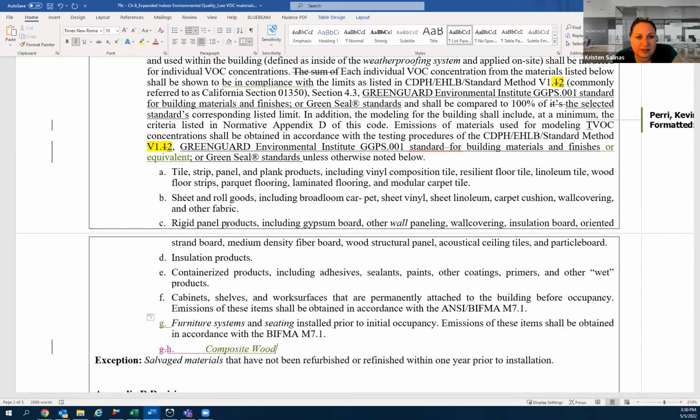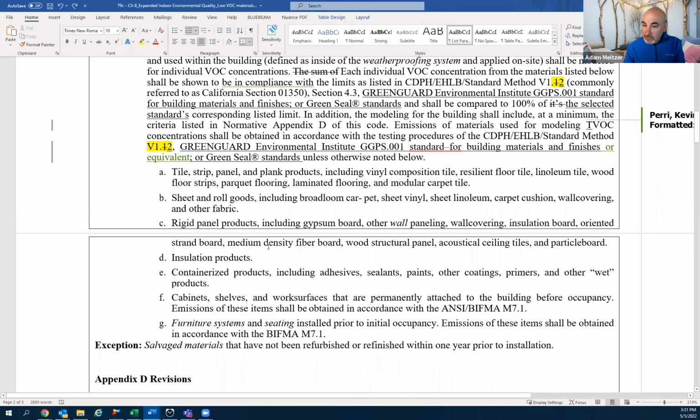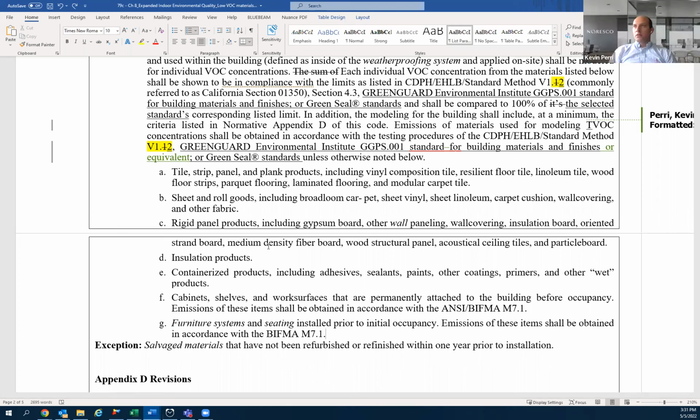Oh, it's in C. Well, not really. Well, MDF, OSB. Oh yeah, sorry, under there. MDF. It doesn't say particle board. It does say particle board. Okay, that's fine. You can leave that off. Thanks. Okay, good. There's a motion to add "or equivalent" in this first section there.